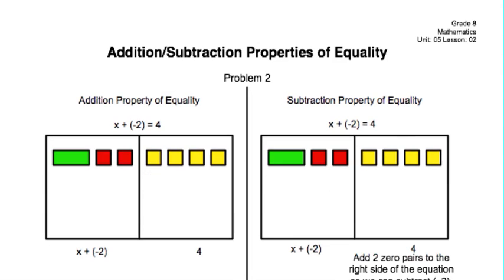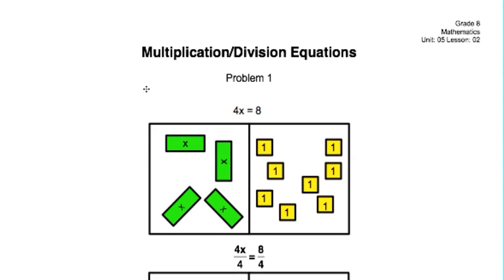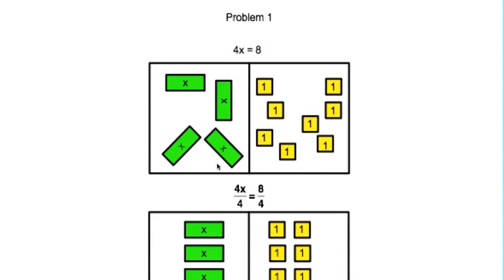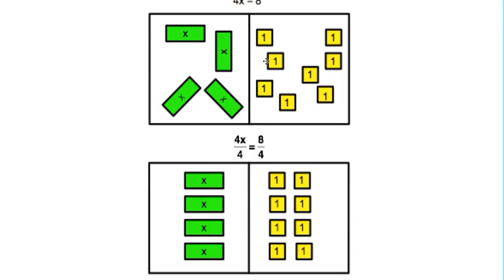Let's look at the multiplication and division properties. Here we have 4x is equal to 8. If we would evenly divide each x into 4 equal parts, separate them into 4 rows, and separate our right-hand side into 4 rows, we would see that each row gets 2.